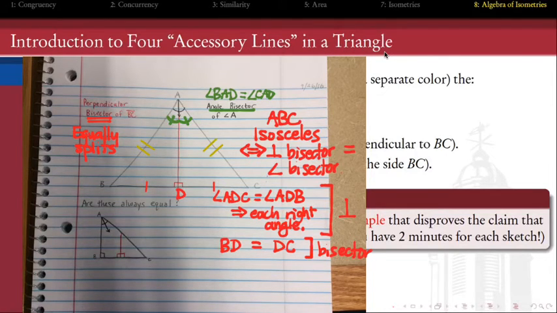We've constructed the perpendicular bisector of the side BC, and therefore we have these congruence marks here. Now let's go to Sabrina's point. When she was talking about the bisector, she said it splits the triangle in half. In what sense do we know that this triangle has been split in half? What would we say? What's our formal geometric statement that would tell us that this triangle is split in half?